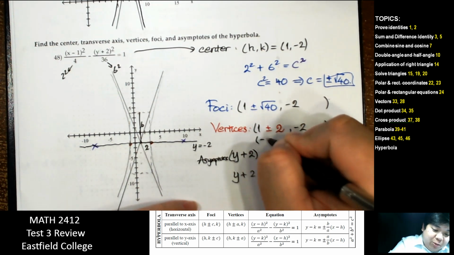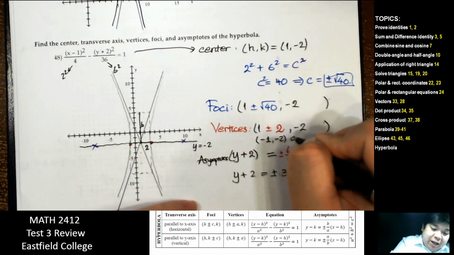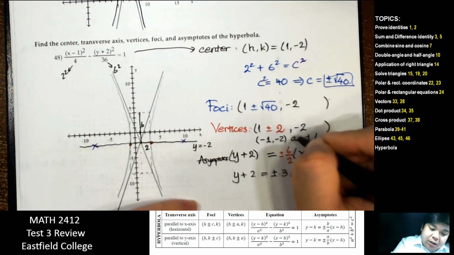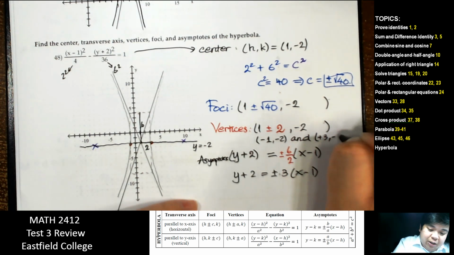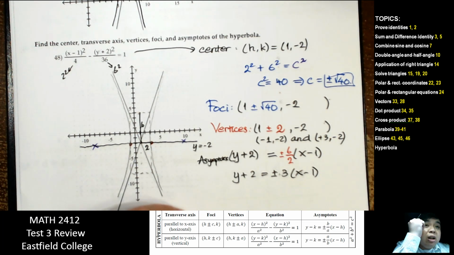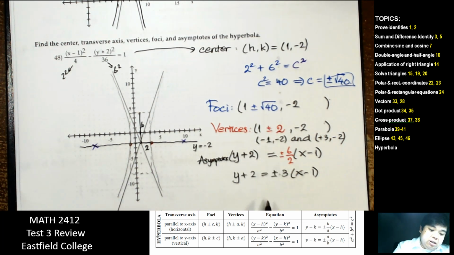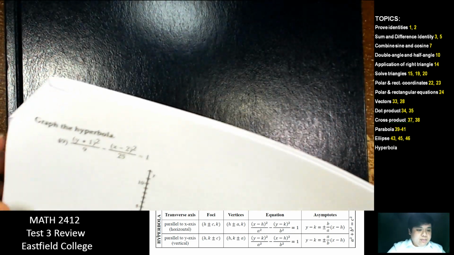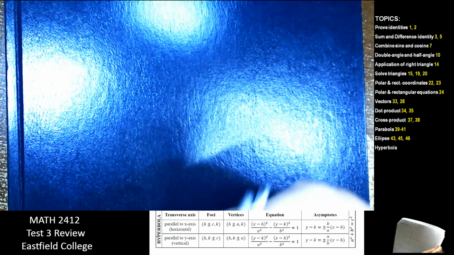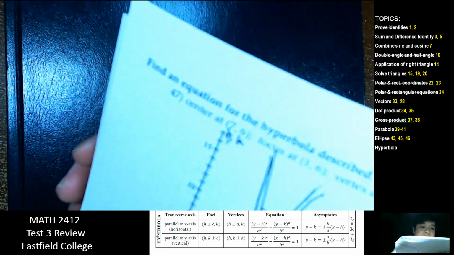It looks like -1 and -2 and -3 and 3 and -2. So everything is a function of the center. Add something to it, or the slope determined by rise over run. And so that is 48.